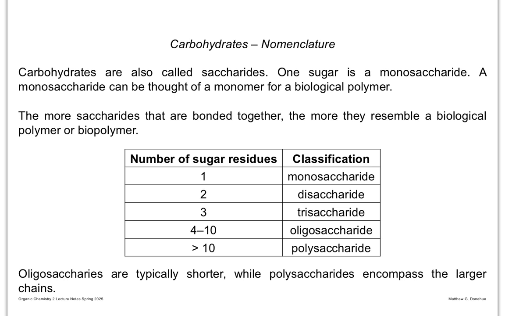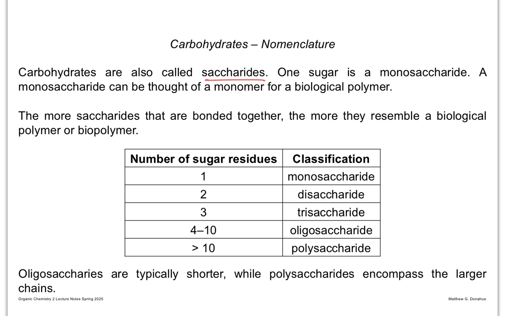So yet another term that's used is saccharides. And so this, I guess, could be more relevant in terms of polymer nomenclature, where a carbohydrate is thought to be the repeating unit. And so one sugar is called a monosaccharide.